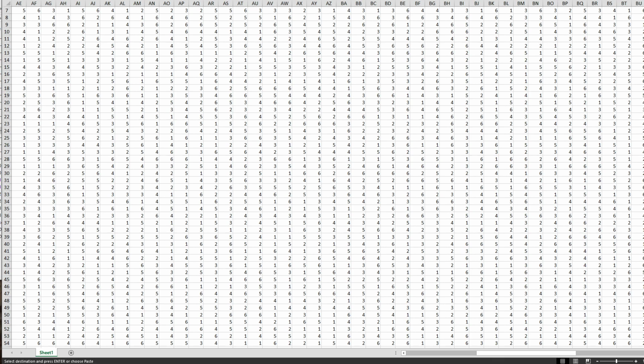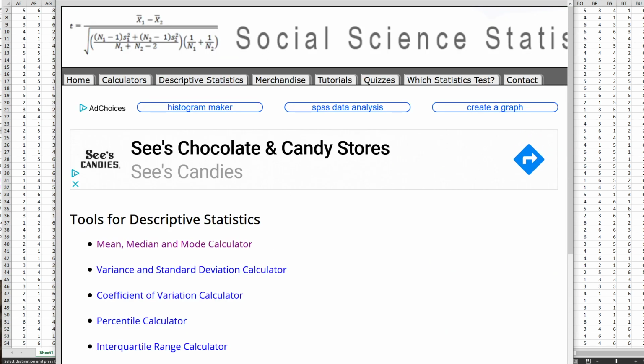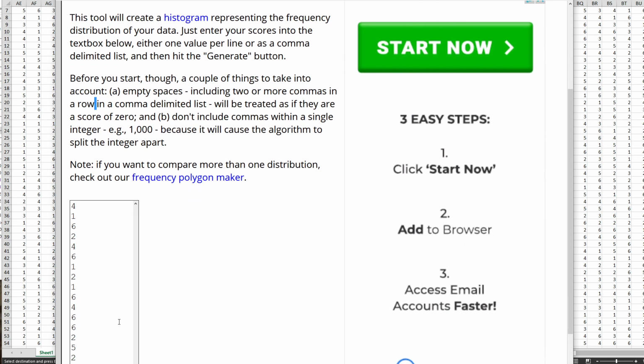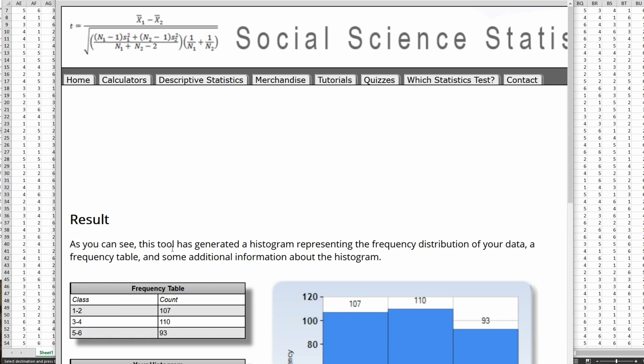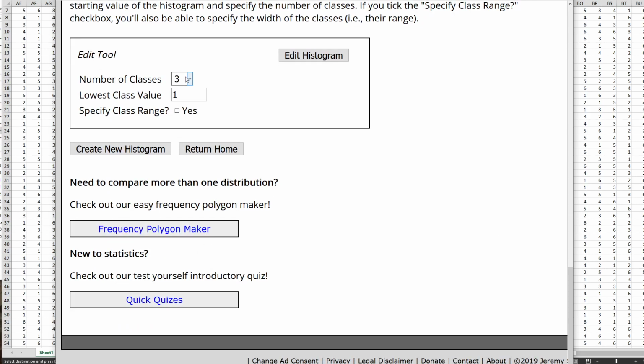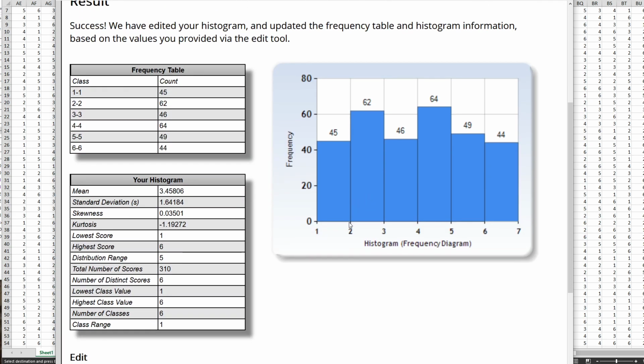And if we consider taking just those random rolls, 310 of them, I believe, and we generate a histogram which has 6 classes, what we're going to get is something that looks relatively uniform.